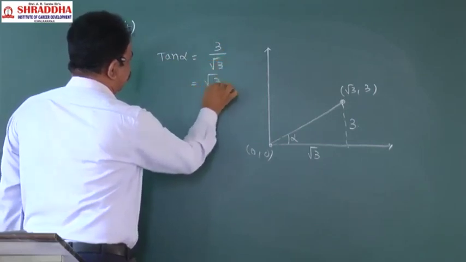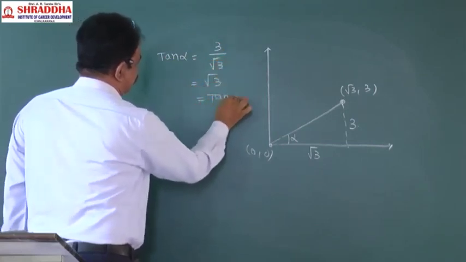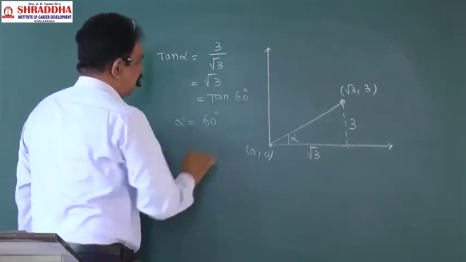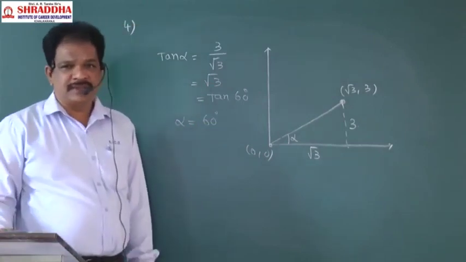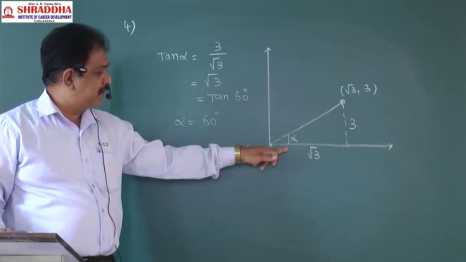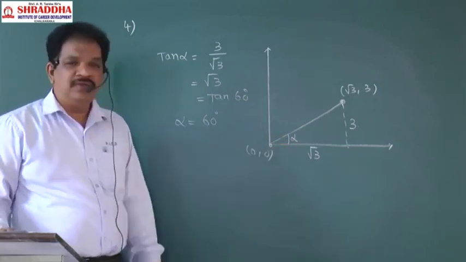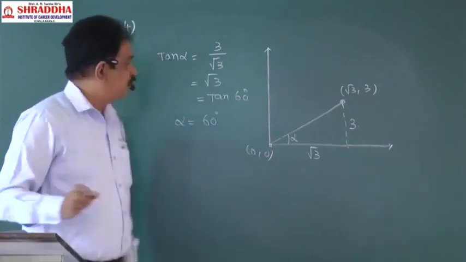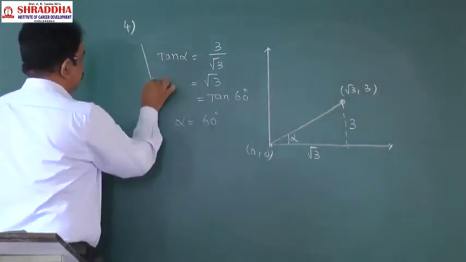That value will be root 3. That value is equal to 60 degrees. Alpha is equal to 60 degrees. The angle made by this line with horizontal is 60 degrees. So fourth it will be C.